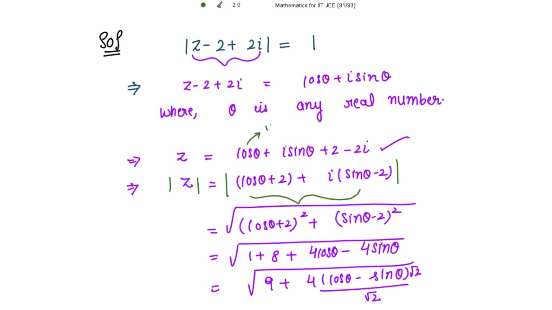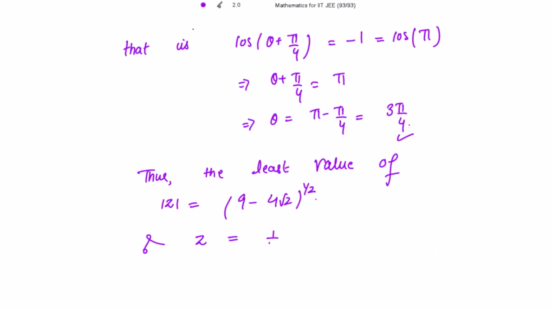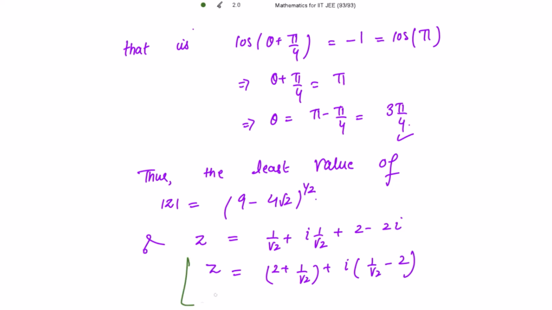Cos of pi by 4 is 1 over root 2. Sine of pi by 4 is also 1 over root 2. So writing the value of z, 1 over root 2 plus iota 1 over root 2 plus 2 minus 2 iota, that is equal to 2 plus 1 over root 2 plus iota 1 over root 2 minus 2. And this is your required complex number. Thank you.